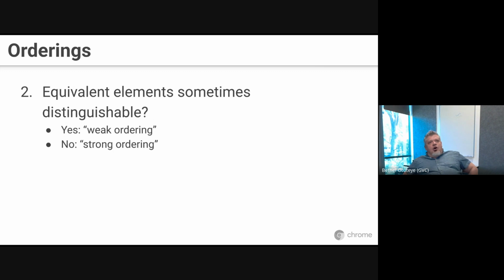Then, are equivalent elements sometimes distinguishable from each other? If you can sometimes distinguish equivalent elements using that public const method test, then you have what's called a weak ordering. If they're always indistinguishable, then you have a strong ordering.